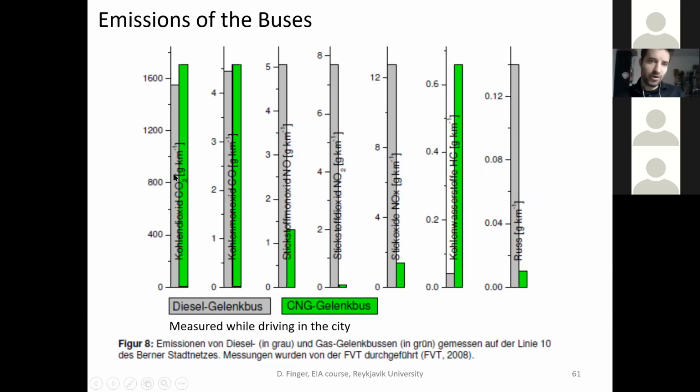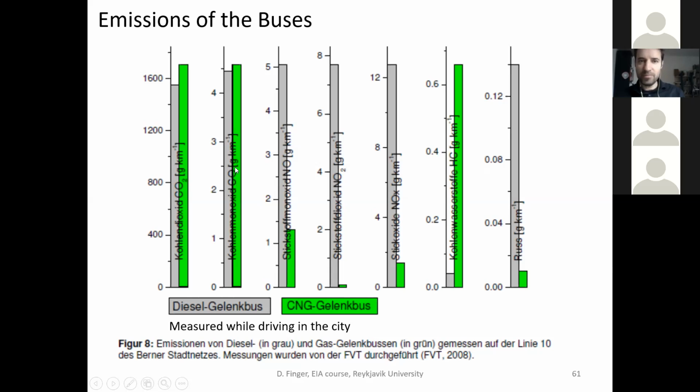We found that, at least for carbon dioxide, the natural gas bus was slightly higher. It's simply because it requires a little bit more fuel. Per kilogram of methane burned, the CO2 emissions are a bit less, but in total the natural gas bus emits slightly higher CO2 concentrations.